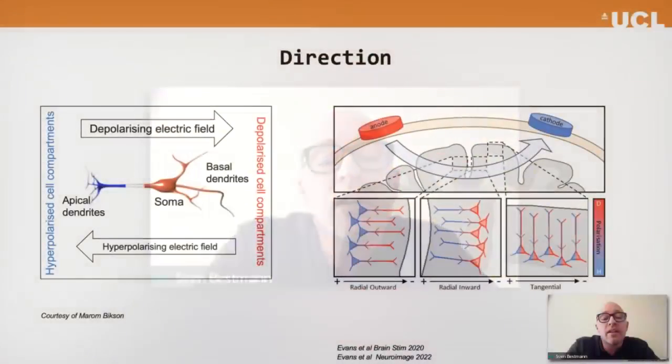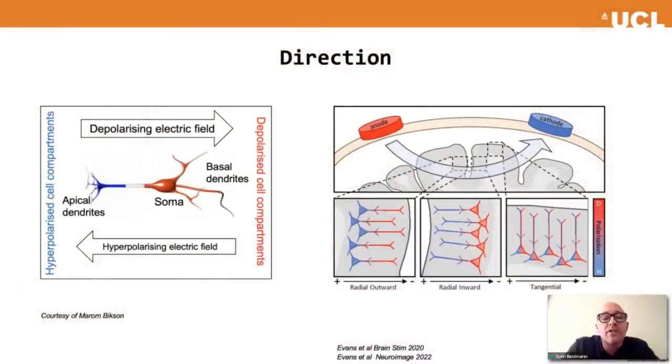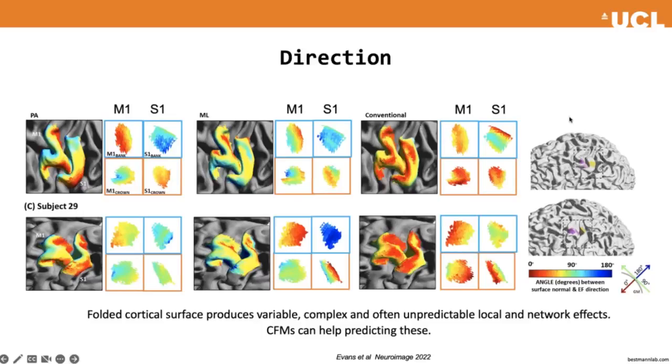And this is true for very nearby areas, such as adjacent areas in the sulcus or the gyrus, versus the bank of the crown versus the bank of a structure. So again, this is not that often considered, and we don't quite know how those effects will lead to the consequences we observe. Next slide, please.